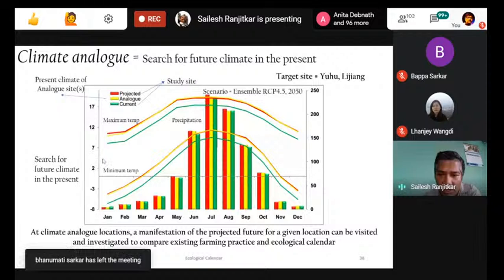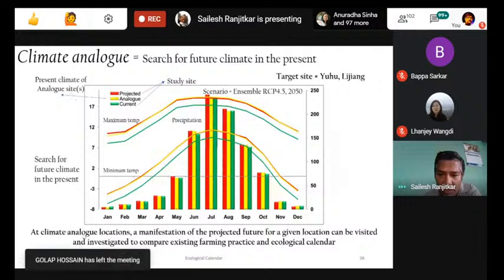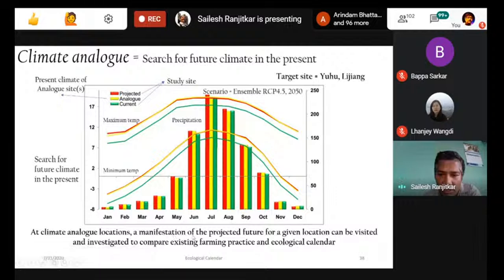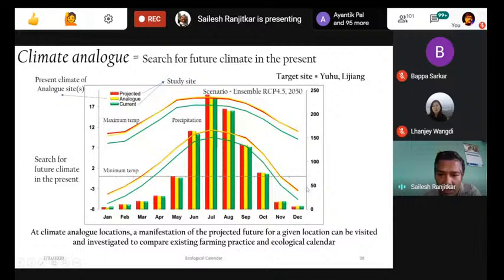We find such locations to check what kind of adaptation practices are carried out at these target or analog sites. At a climate analog location, a manifestation of the projected future for a given location can be visited and investigated to compare existing farming practices and the ecological calendar.